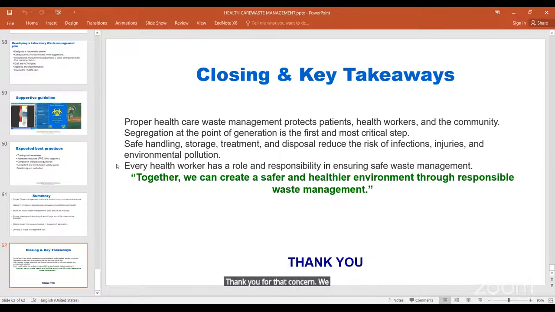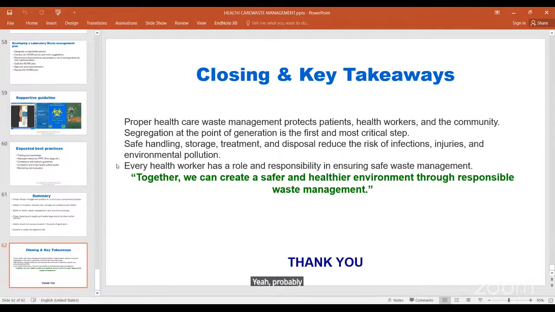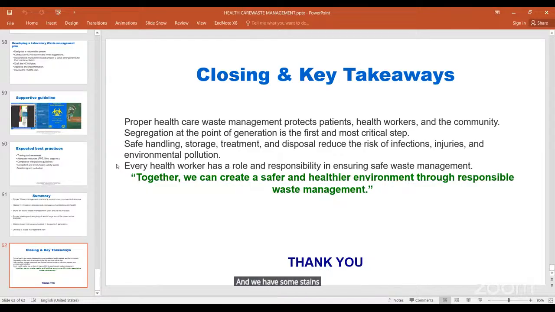We have those big bottles like the ones for sulfuric acid. Probably those are glasses that can be meant to be used for recycling. Because we find that, for example, they have the amber color, and we have some stains like the Jameson stain that needs to be stored in that bottle. So you just need to sit down as a team and find how best these bottles can help you.